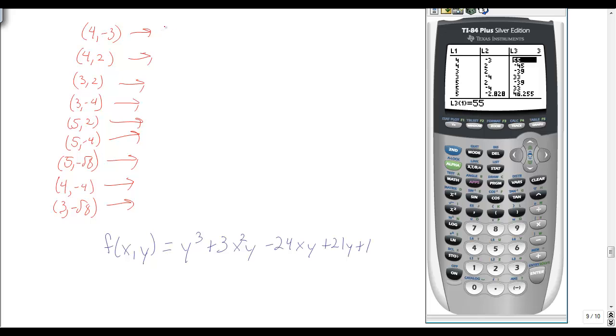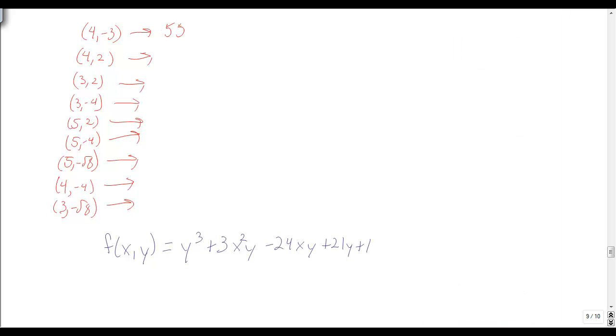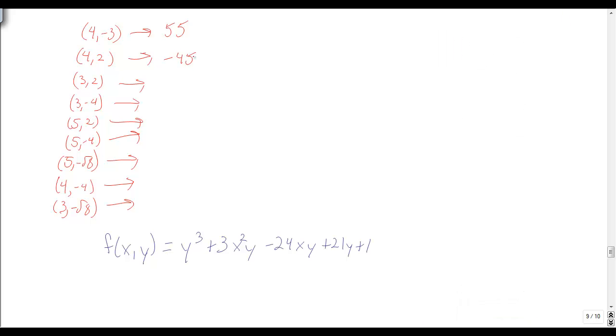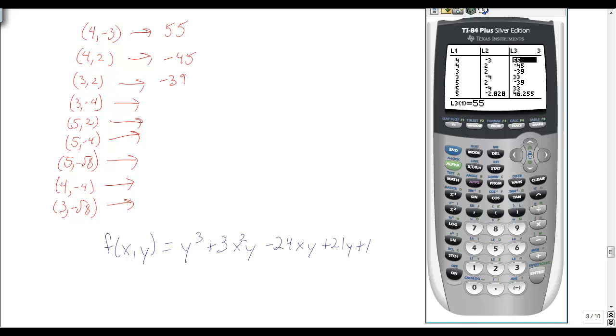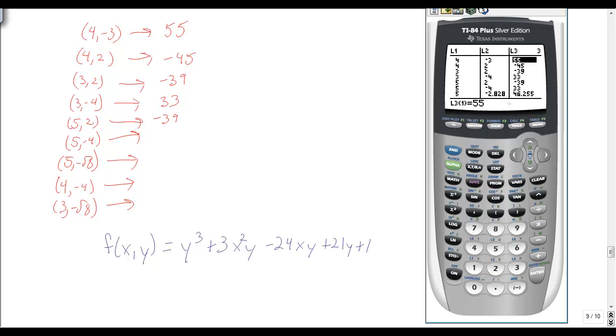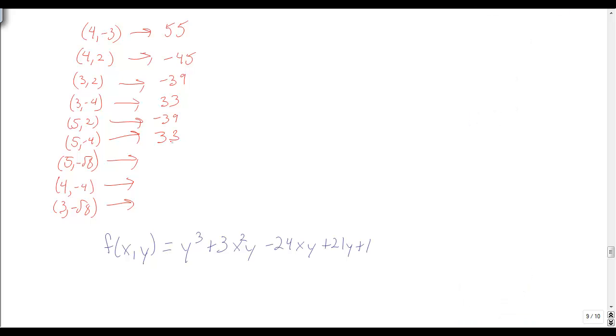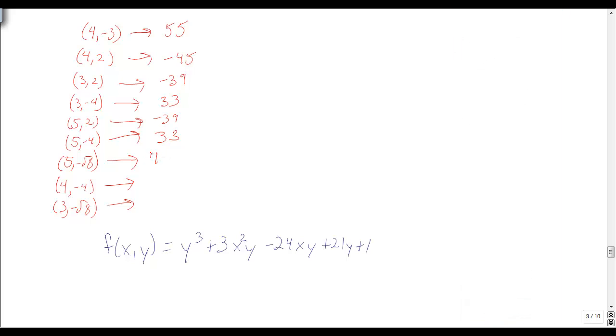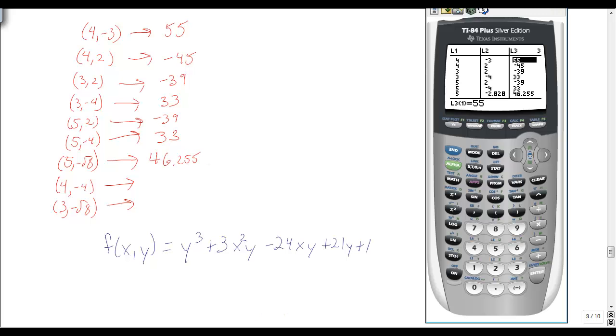So my values here are 55, -45, next one was -39, you get 33, -39, I get another 33, and then I get, let's see, 46.255, 46.255, and then 2 more.